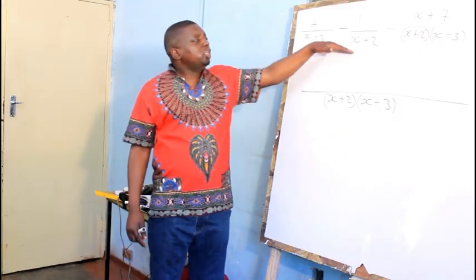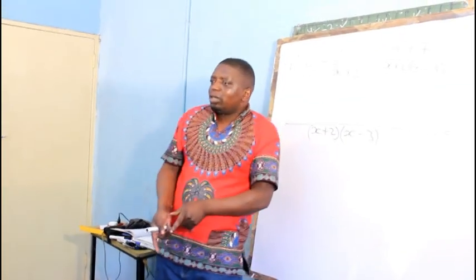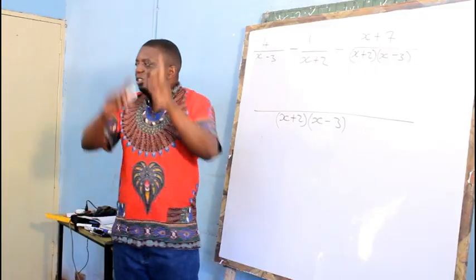For x plus 2, it appears once, so we take it just once.